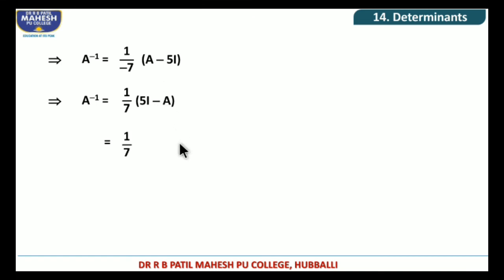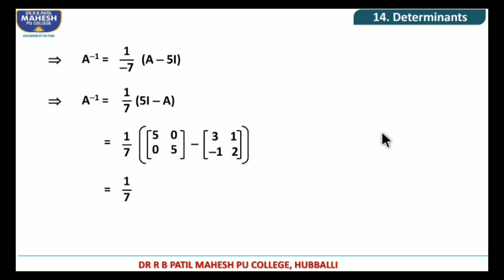So 1 by 7 into, here we have to take 5 into I, that is [5, 0; 0, 5], because we have to multiply 5 to all the elements of the identity matrix of order 2, minus A, the given matrix [3, 1; -1, 2]. Next 1 by 7 into the matrix 5 minus 3 is 2, 0 minus 1 is minus 1, 0 minus of minus 1 is plus 1.